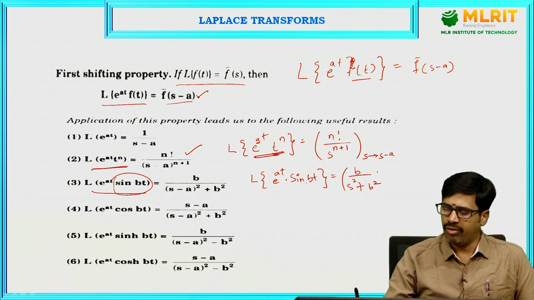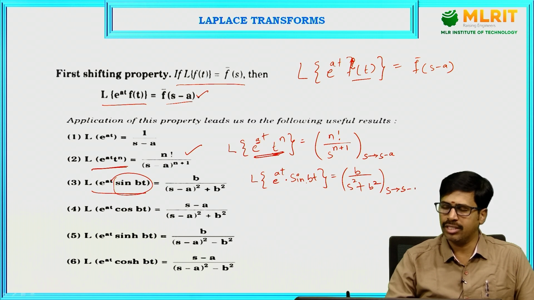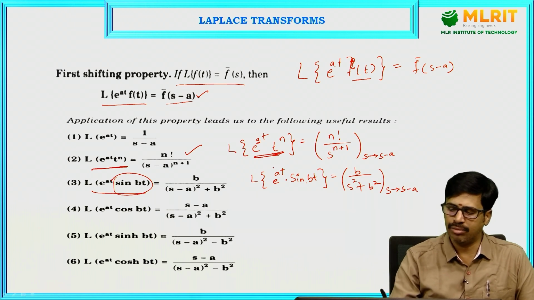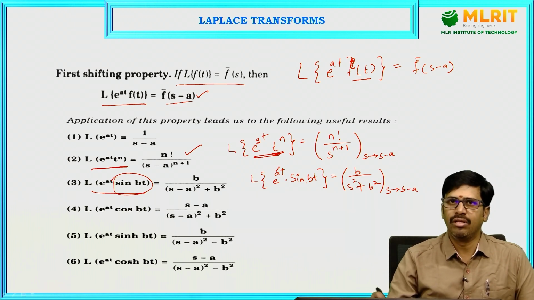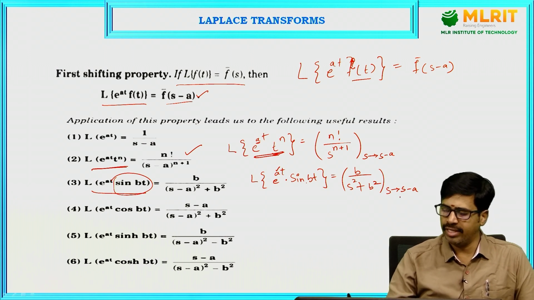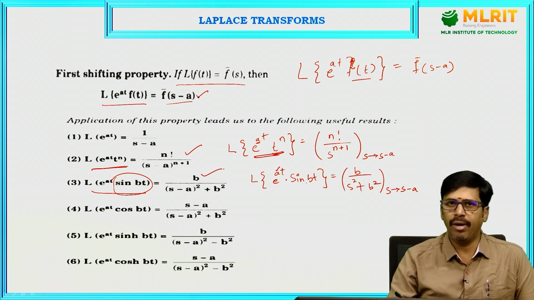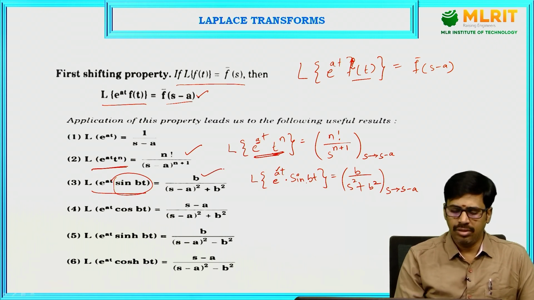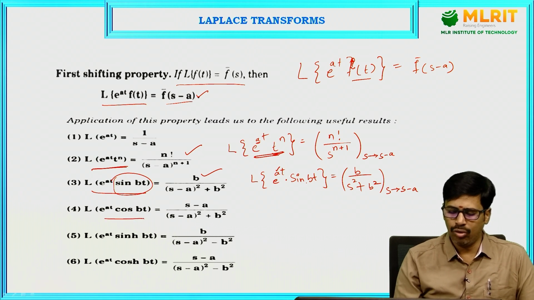Whatever function you get in this, just replace s with s minus a, because we have e^(at) here. Suppose if we have e^(minus at), just replace s with s plus a. So when you replace s with s minus a, we get b by (s minus a) whole square plus b square.